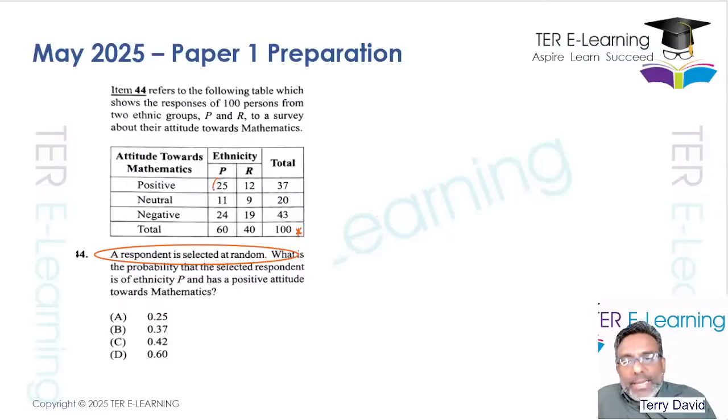In this case, we have 25. 25 people are of ethnicity P and they have a positive attitude towards maths. So that probability is going to be 25 over 100, which is 0.25. So again, be careful with the wording of these questions. They could change up the wording so easily and you can get it wrong.